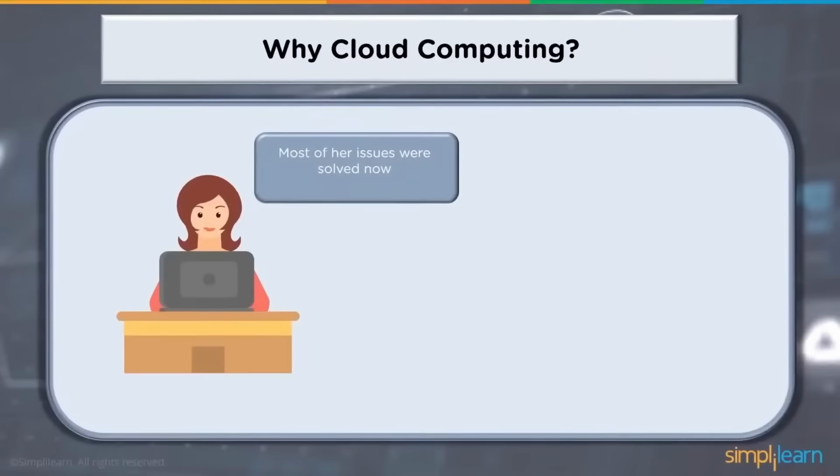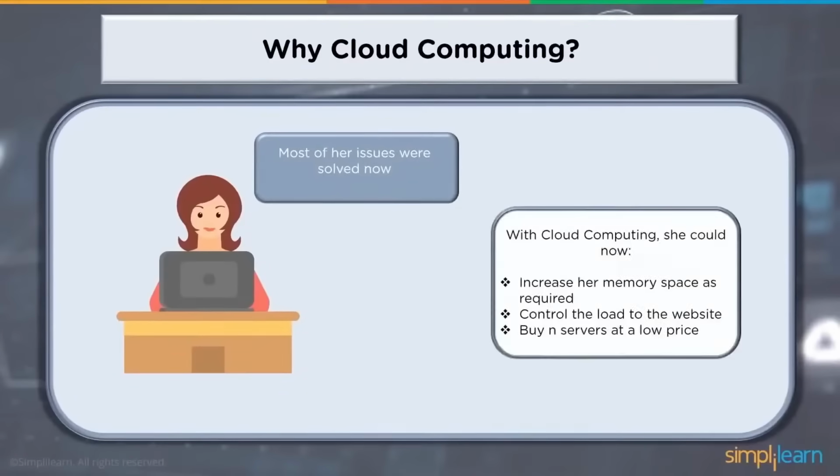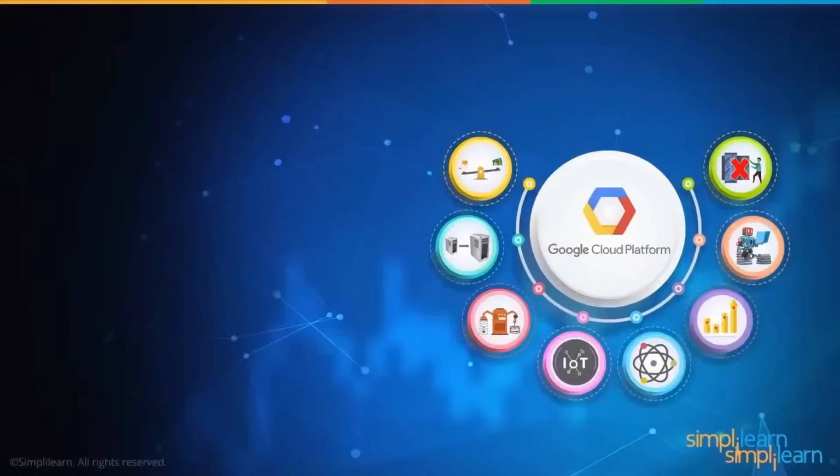Most of her issues were solved when she started using cloud computing. With cloud computing she could increase her memory space as required, that is on demand, control the load to the website, that is load balancing, and handle more requests per minute on the website, and buy servers at a lower price, that is scaling up or down based on the requirement.